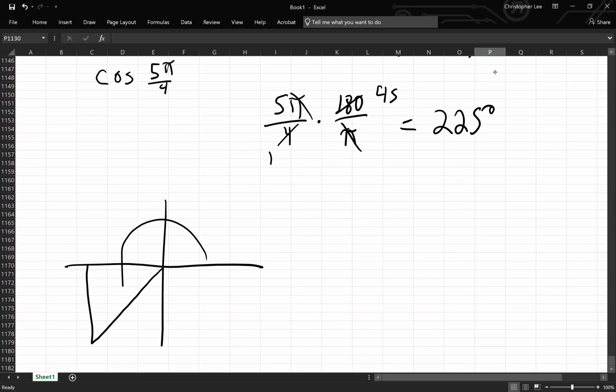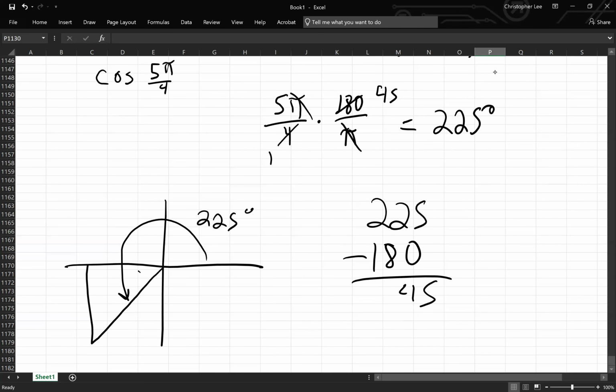This whole thing right here is 225. What I want to do is pull this back a little bit. I like 180 minus this, so 225 minus 180. What's that? 45. So right here is 45. So if this is 45, then this is 45.